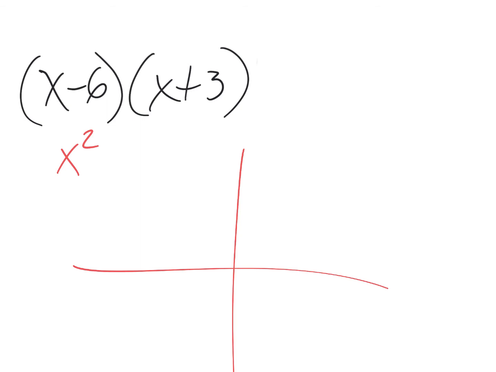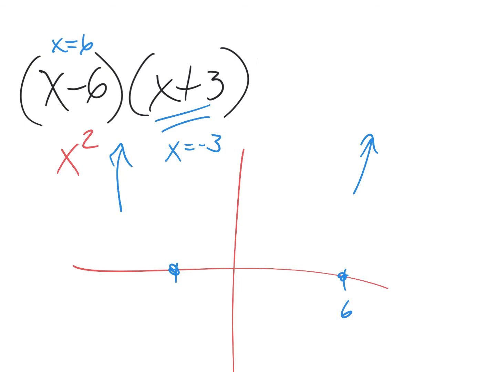I know it's going up on the right, up on the left. And then I know the two spots it hits. This one, negative 3. This one, positive 6. So here's positive 6. Here's negative 3. And it has to go through those two spots. Here we go. That's how it has to look. So if it's in factored form, you just multiply it out and poof, you've got standard form.